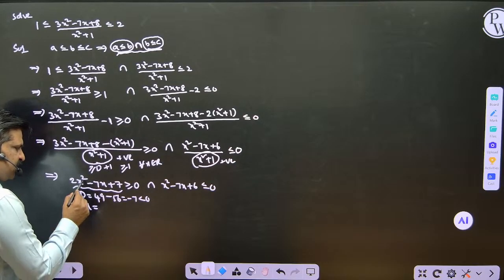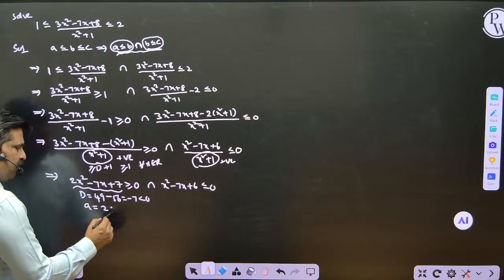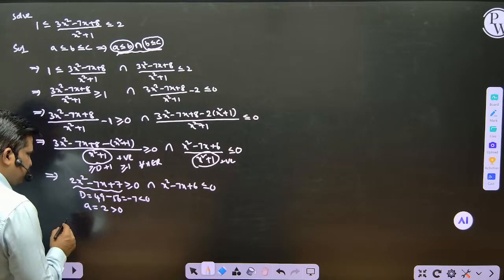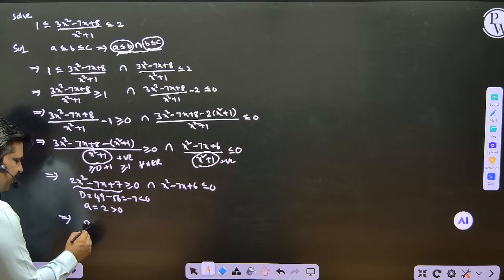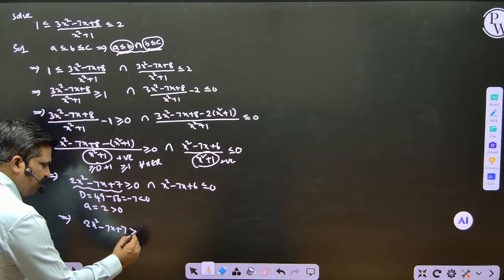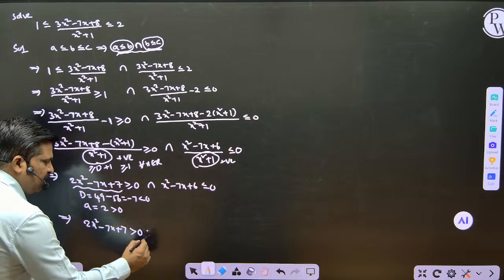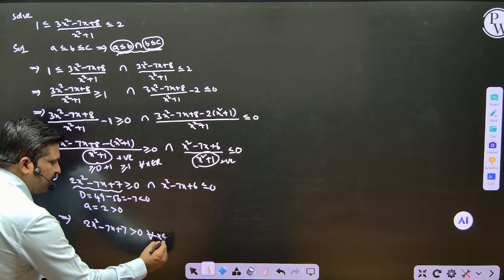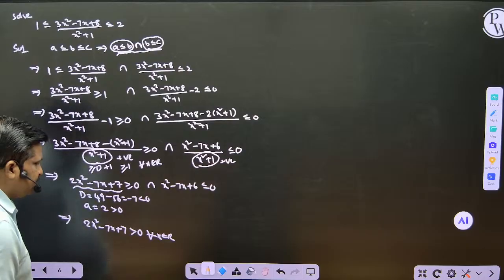The coefficient of x², which is a = 2, is positive. So that implies this 2x² − 7x + 7 is always greater than 0 for all x belongs to R. I have already told you this.